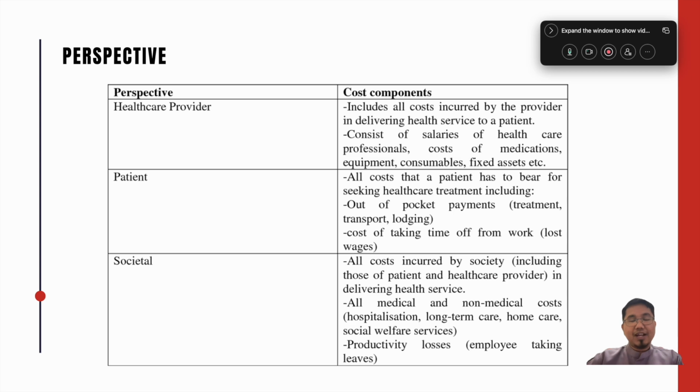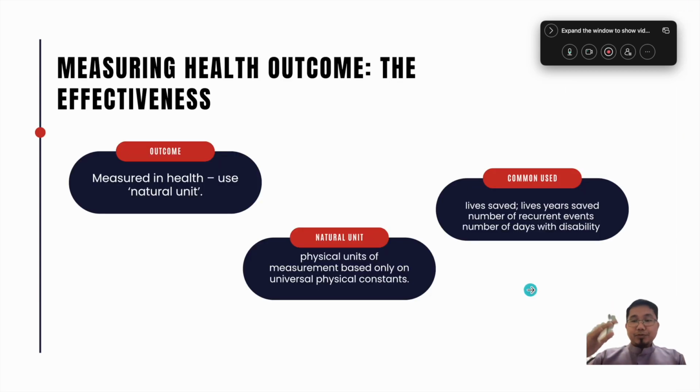Okay, and then we move on to the next key point in the cost effectiveness, which is measuring outcome, the effectiveness. The outcome is actually measured in natural units. So what is a natural unit?